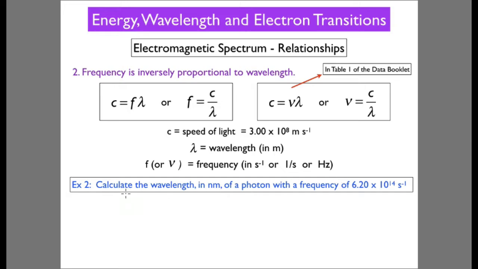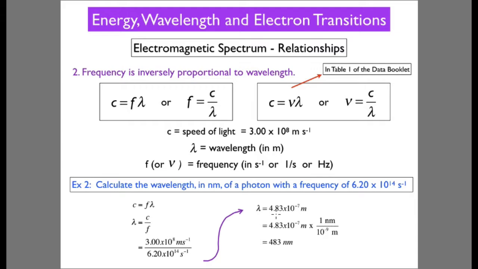Let's try one. Calculate the wavelength in nanometers of a photon with a frequency of 2.6 times 10 to the 14 seconds to the minus 1. So, speed of light equals frequency times wavelength, so wavelength equals speed of light over frequency. Speed of light divided by the frequency gives us 4.83 times 10 to the minus 7.